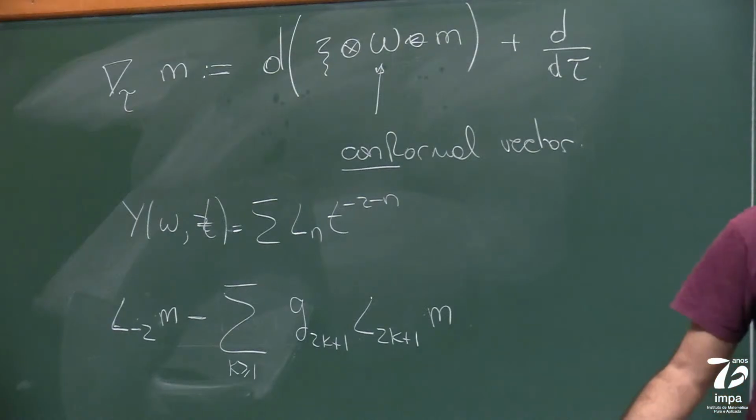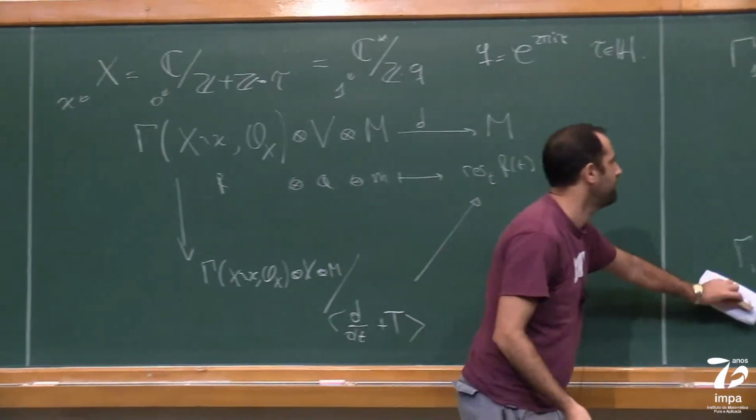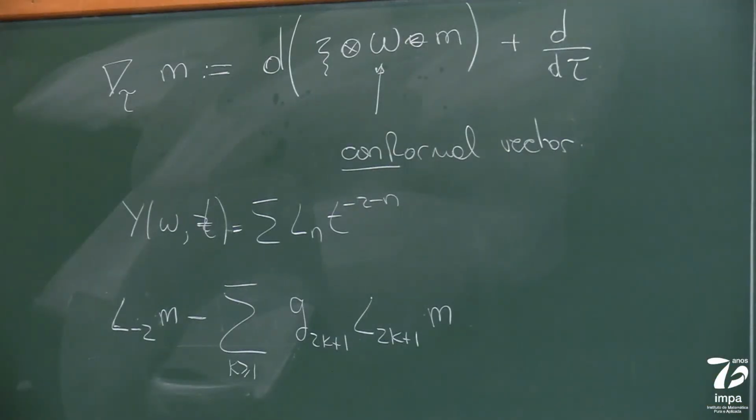Or dualizing this, and this is what people often do, instead of looking at this homology, they look at the dual of that homology. And that leads to the notion that was originally written down, in this case of genus 1, by Zhu, which is the notion of conformal blocks, which is the dual of this complex.